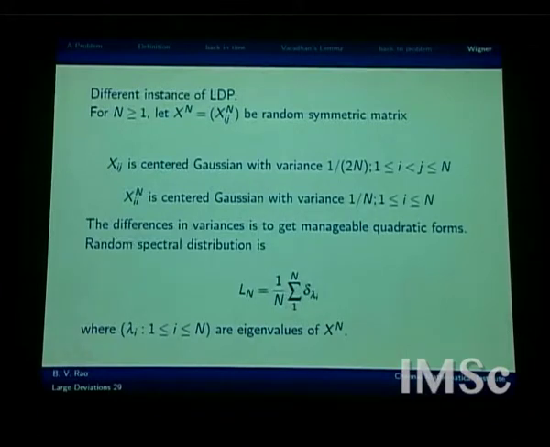I have my n by n matrix. If I fix a point omega, this is the matrix of numbers that gave rise to eigenvalues, that gave rise to a probability on the real line. Therefore, every sample point gave rise to a probability on the real line. So, I have a map which sends a sample point to a probability.